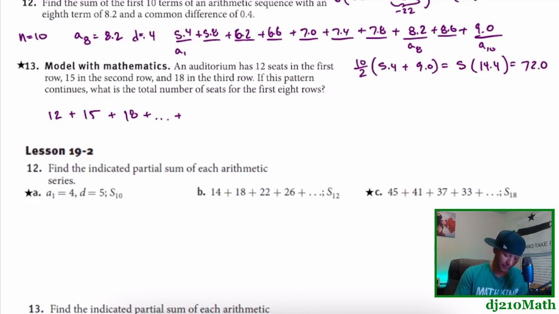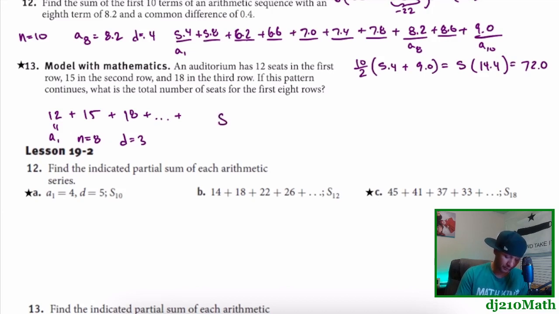All right. So first off, 12 is a sub 1. And first 8 rows, therefore n is equal to 8. And the common difference we see is positive 3. Right, 12, 15, 18.